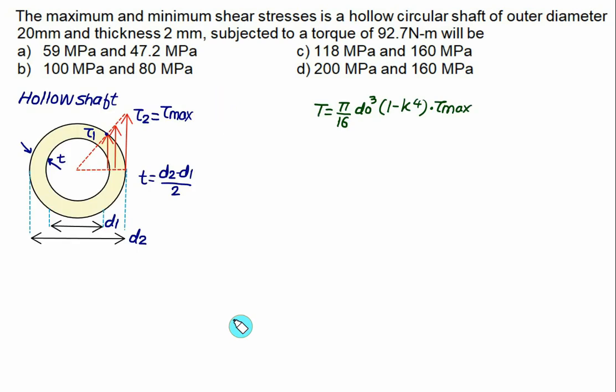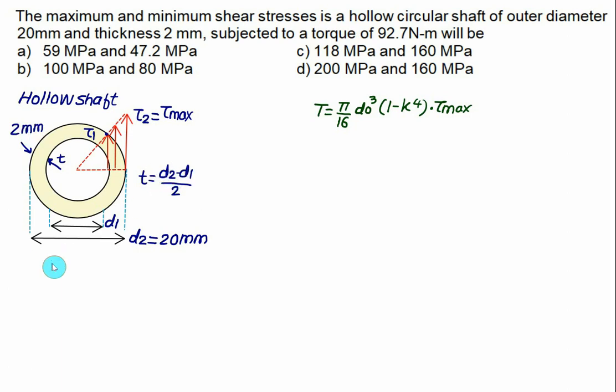So let's represent here a hollow shaft and the shear stress distribution. On the outer radius we have tau 2 equal to tau max. That tau max we can calculate from this equation. We have inner diameter equal to d1, outer diameter equal to d2. This value of d2 is equal to 20 mm. And we have given the value of thickness, equal to 2 mm.